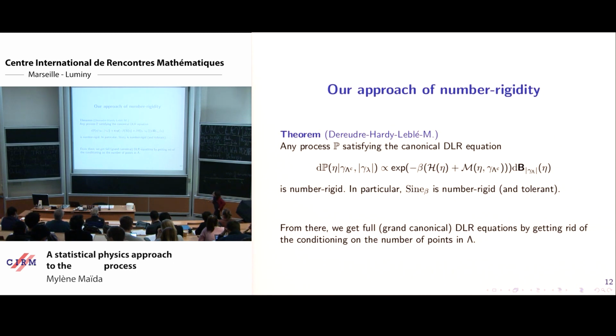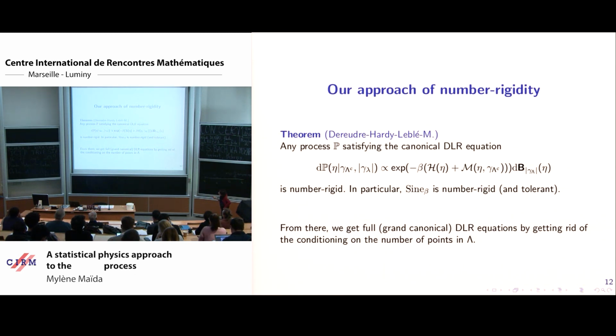Sorry. So before getting into the proof, another remark. I told you that what was written before, when you condition on the configuration outside and the number of points inside, was called the canonical DLR equation.